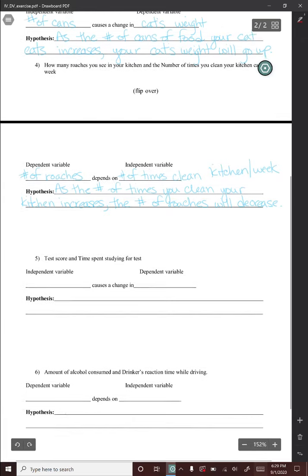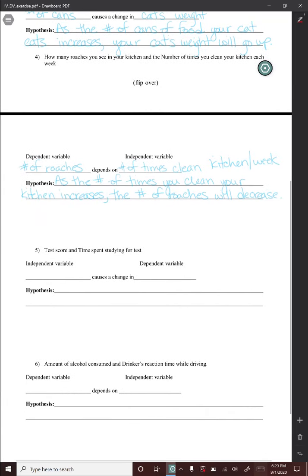Okay. Number 5. Test score and time spent studying for the test. Your independent variable is time spent studying. This is a scenario where it's probably pretty evident what comes first, the time spent studying or the test score.